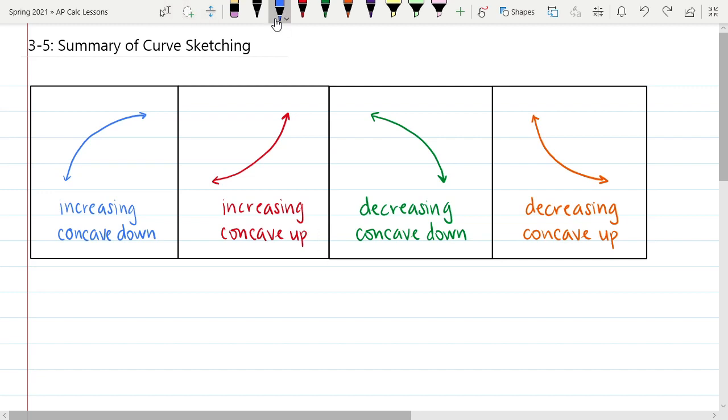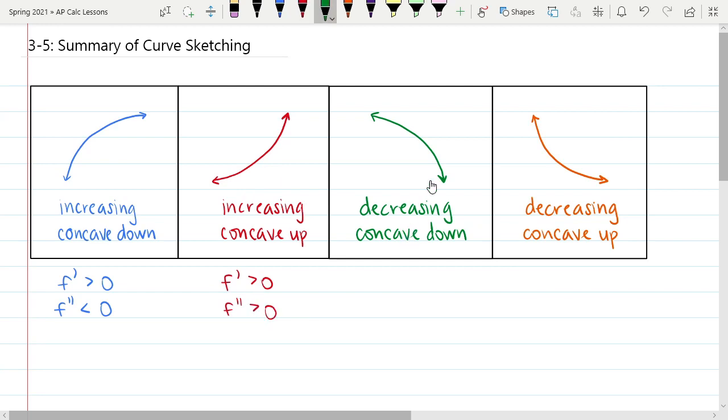Now, remember, if we know that a function is increasing, then that means f prime is positive. And if the graph is also concave downward, then f double prime is negative. If a function is increasing and concave up, then f prime is positive and f double prime is also positive.